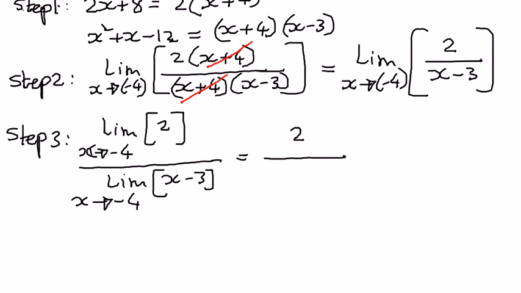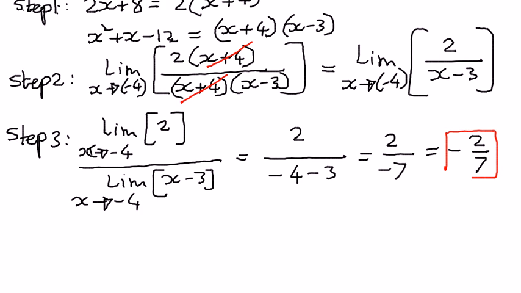We're going to substitute the value of x as negative 4 minus 3. So therefore, we have 2 divided by negative 7. Using the sign rule, a positive number divided by a negative number is going to be a negative value, so therefore negative 2 over 7 is the value it simplified to.